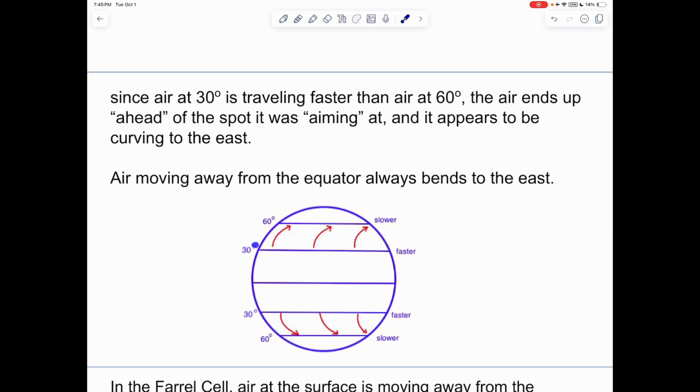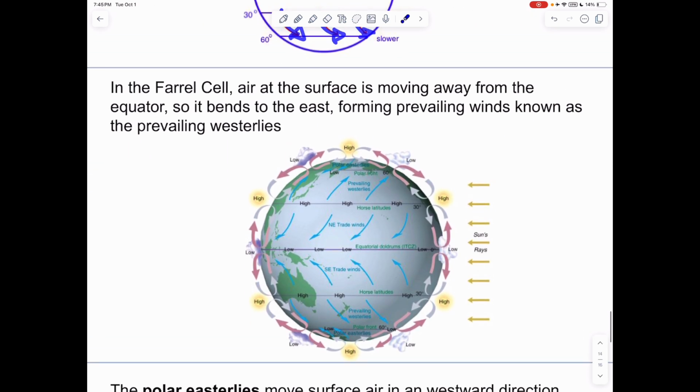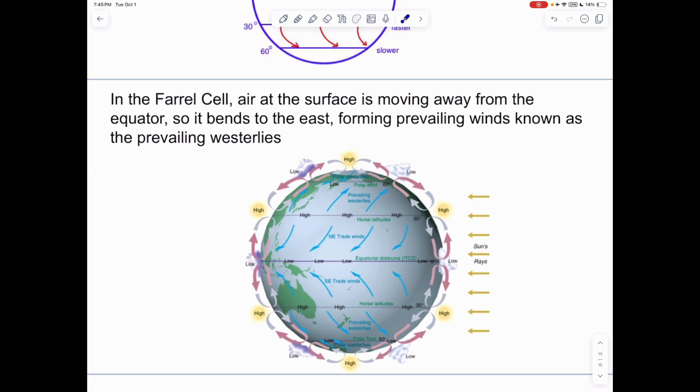In between our 30 degree and our 60 degree, that air is moving to the east. It's aiming to the east. Again, because of these differences in rotational speeds that are happening in different spots. So these Ferrel cells, which are the ones that are moving to the east, form these prevailing winds known as the prevailing westerlies.